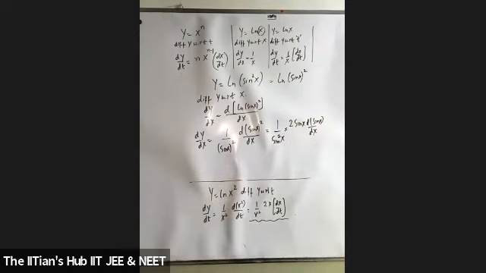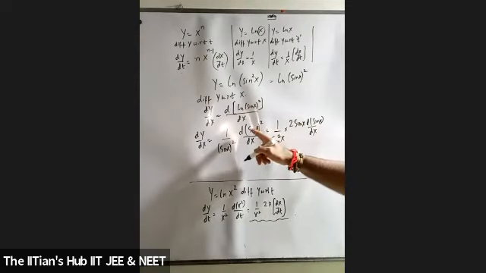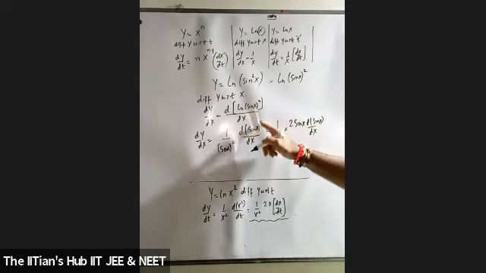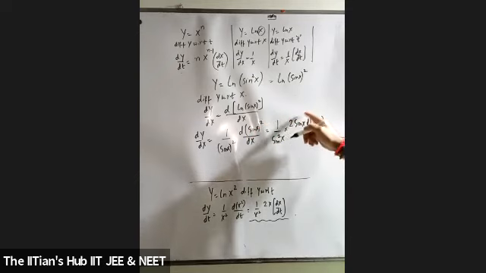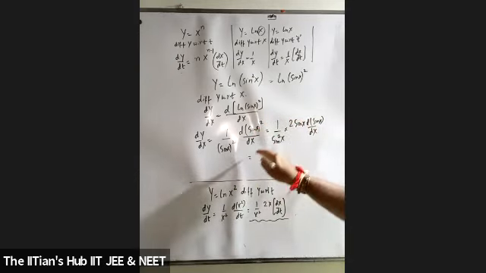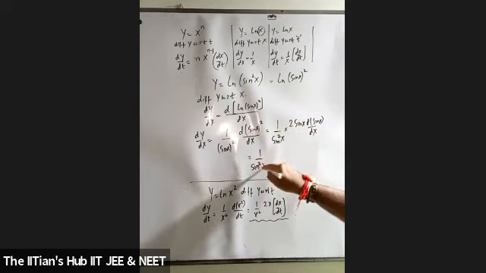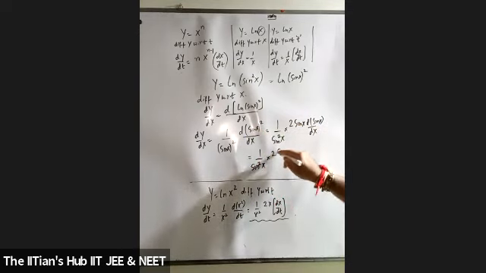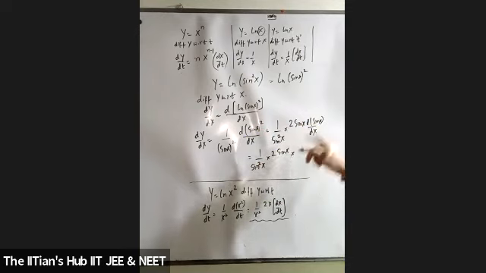Agreed? Students, what is this? y is equal to x raised to n, so n into x raised to n minus 1, into differentiating the last term. So now can I say 1 upon sin square x into 2 sin x. Students, what is differentiating sin x?